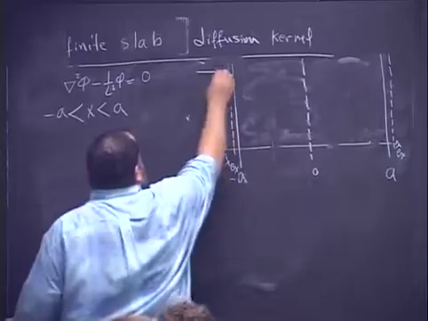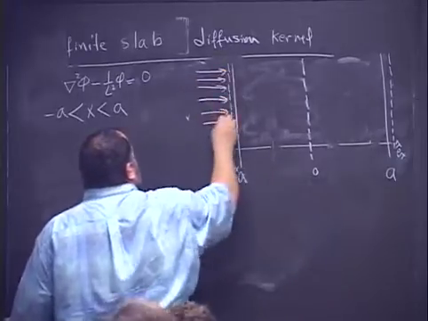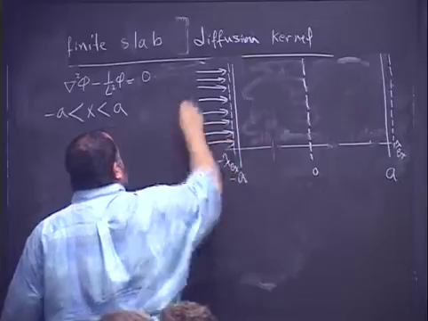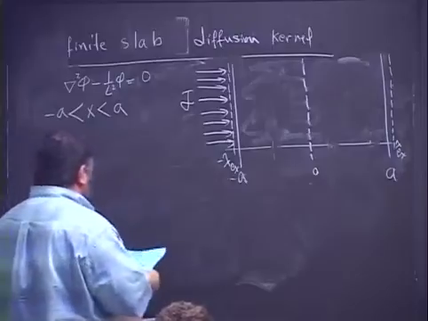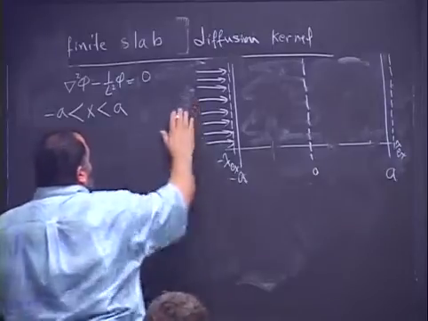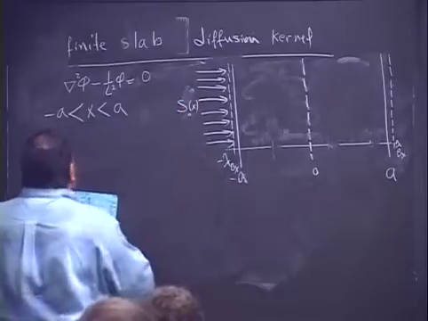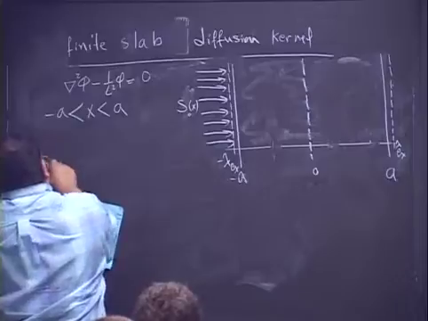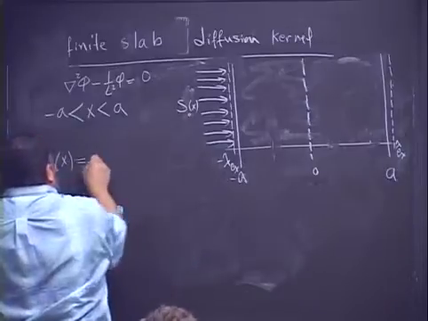So there are neutrons that are incident to the slab from the left-hand side. So this is J. And this, we will not call it J, I will call it S naught of x. And the definition for S naught of x, this source has this form.